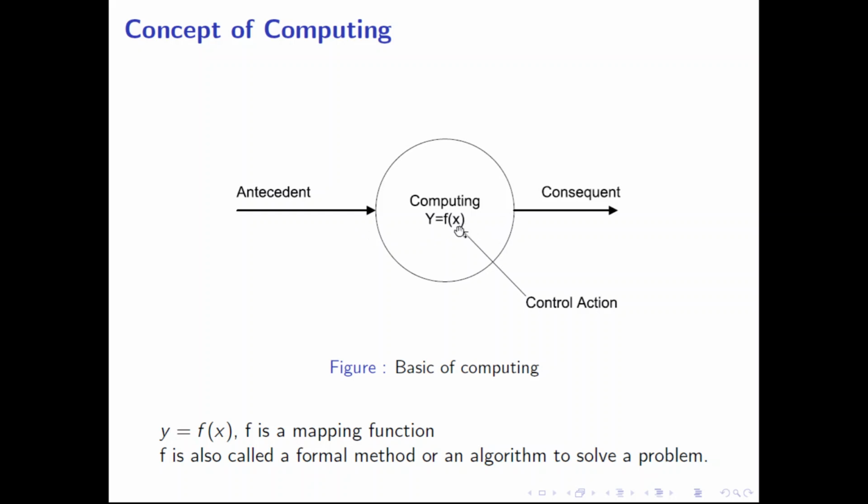Here x is the input, and this x is passed through a function f. After passing through the function f, x becomes y. This is what is happening in the computation, and the resultant is called the consequent. So computing can be thought of as mapping: it maps input to an output based on some function. f is a mapping function which maps the input to an output.